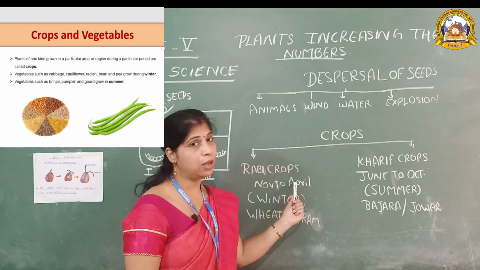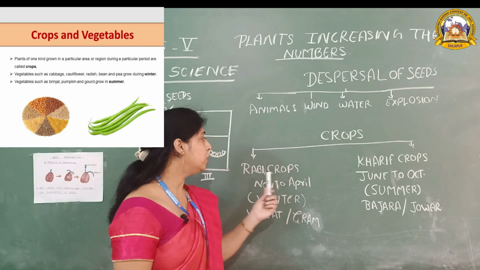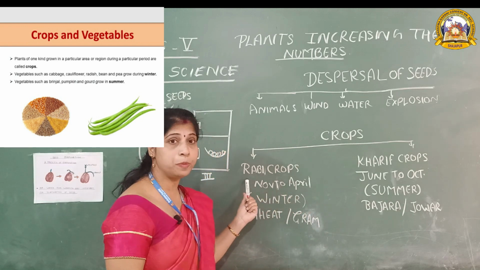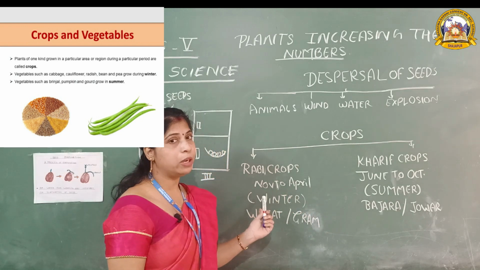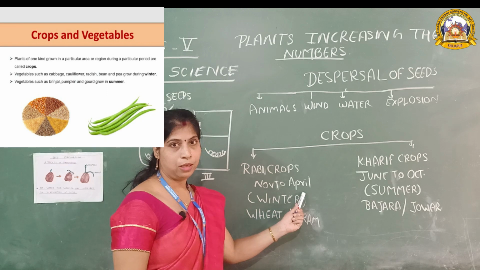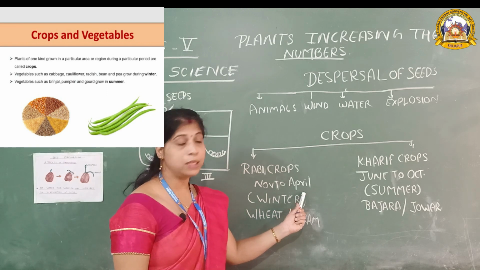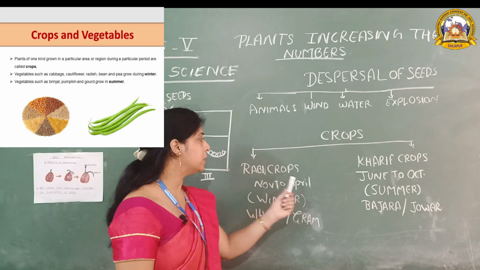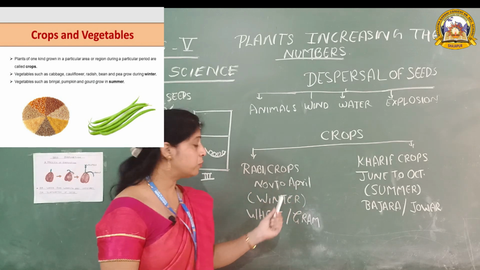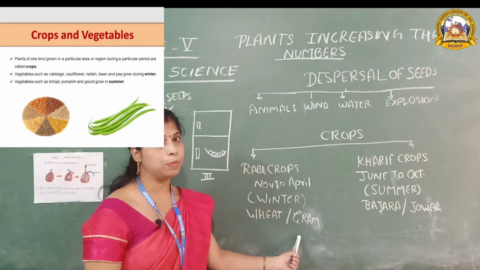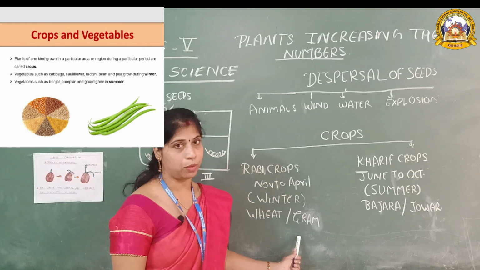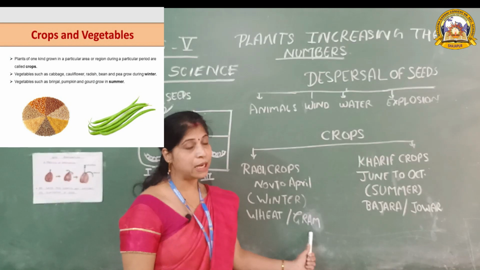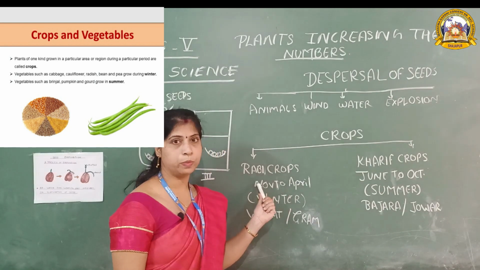Rabi crops are those we grow between November and April, the winter season. Wheat and gram are examples of Rabi crops.